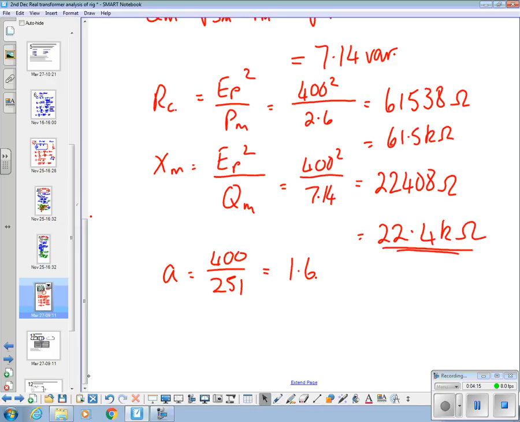And lastly, the transformer ratio A, which we need for our transfer of impedances, is 1.6, the primary voltage over the secondary voltage. So you all hopefully got those results.